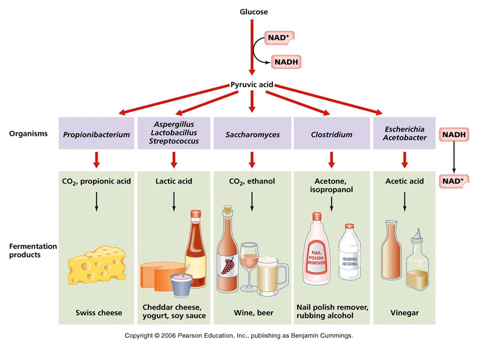Yeast, Saccharomyces cerevisiae, is going to be used to make ethanol. The ethanol is a waste to that cell. Clostridium is used to make isopropanol and acetone, and Escherichia will create vinegar.